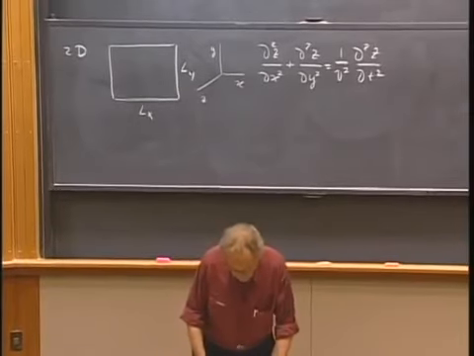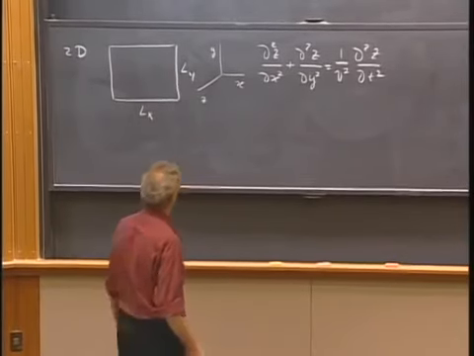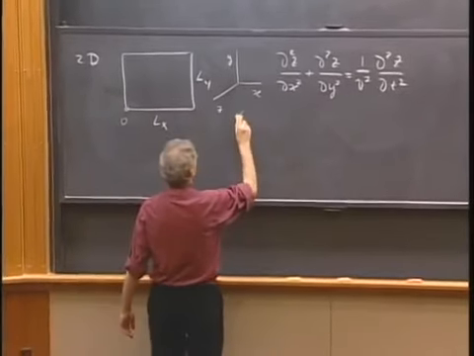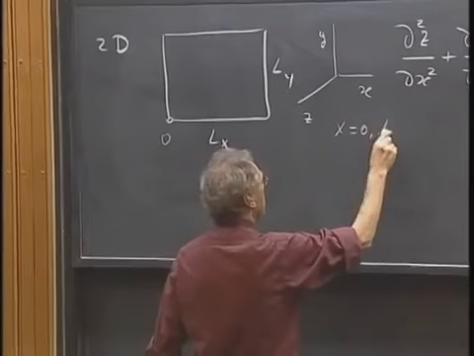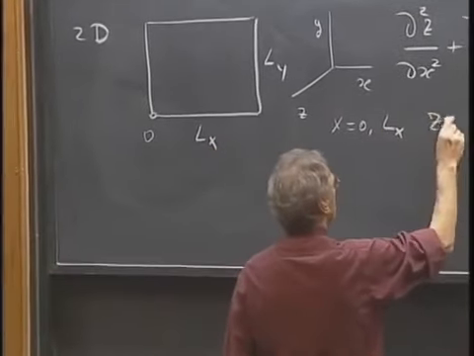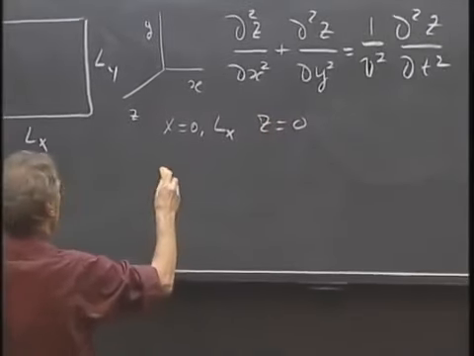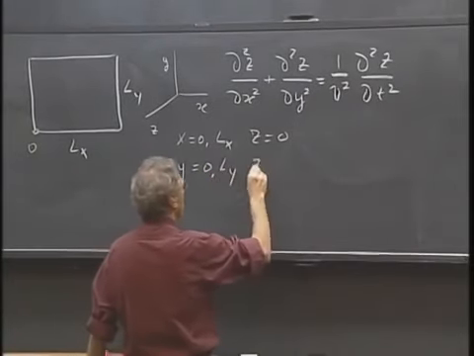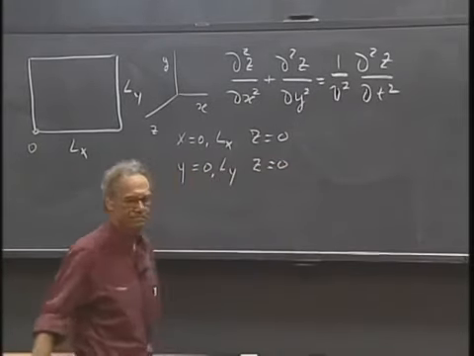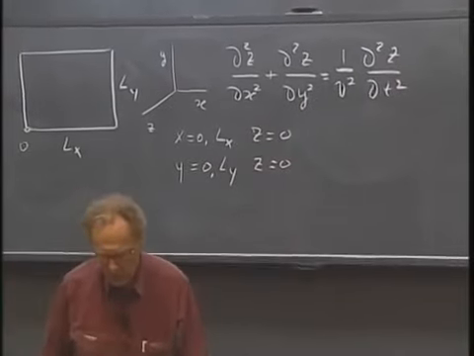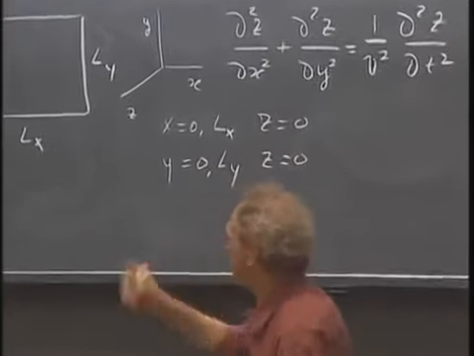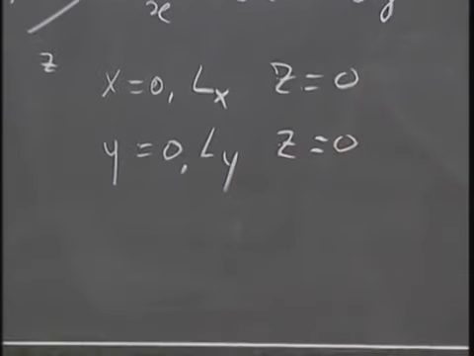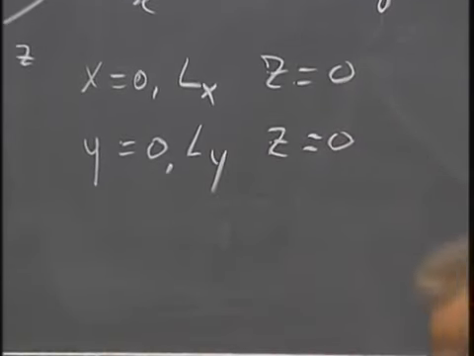And when you put in your boundary conditions, which in this case, suppose we call this 0, so for x equals 0, and for x equals Lx, you want z to be 0, because the membrane cannot move, and for y equals 0, and for y equals Ly, you also want z to be 0. Then you can now, in analogy with that, write down the solution for z as a function of x, y, and t.